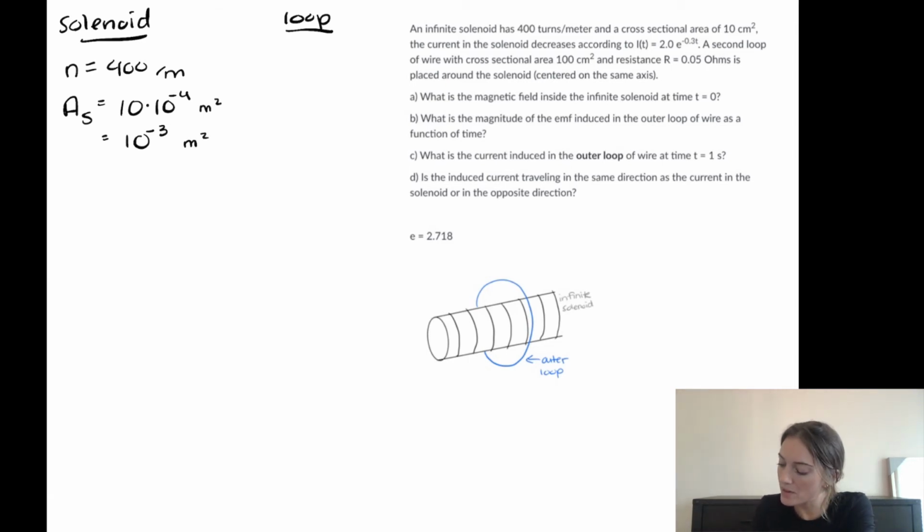And then we have the current in the solenoid decreases according to some function. So we have our current decreasing according to this function. This is an exponential decay, and this is Euler's constant, e. I gave you Euler's constant down here, but most calculators have a button, e to the something. I had a couple students who, when they saw this e, thought it referred to the electron charge.